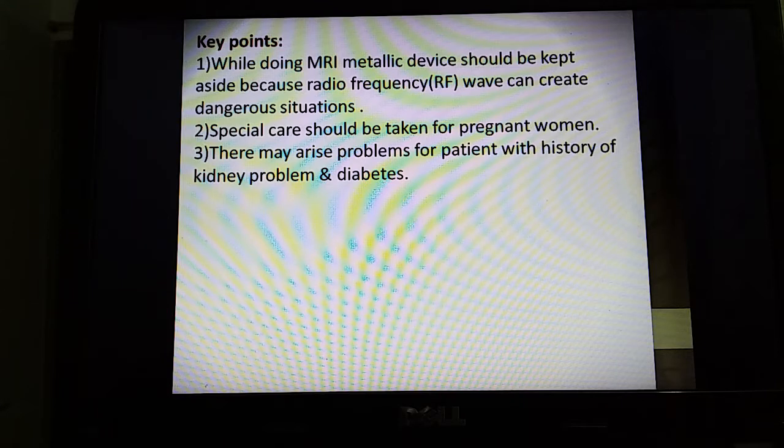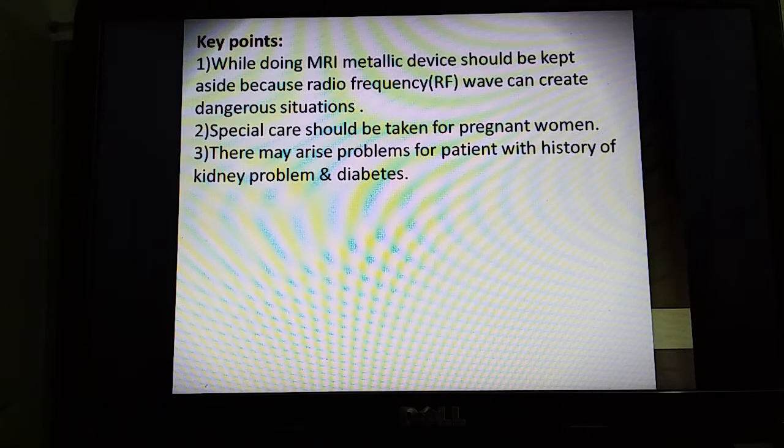So a patient is told to leave all kinds of metallic elements. Special care should be taken for pregnant women, and there may arise problems for patients with a history of kidney problems and diabetes, or having any other diseases. Also special care should be taken for those kinds of patients.